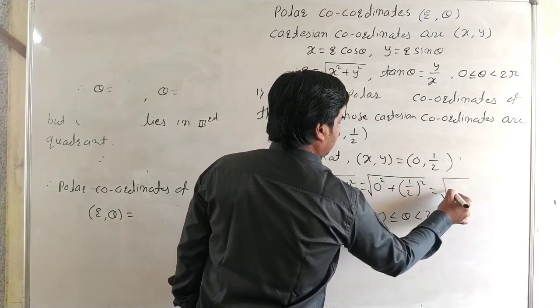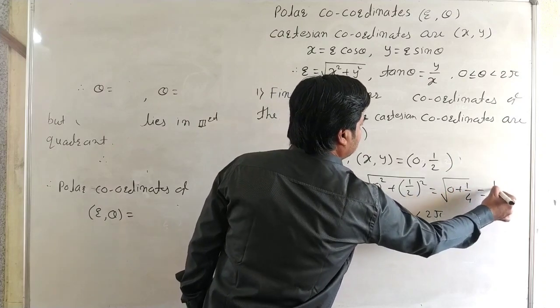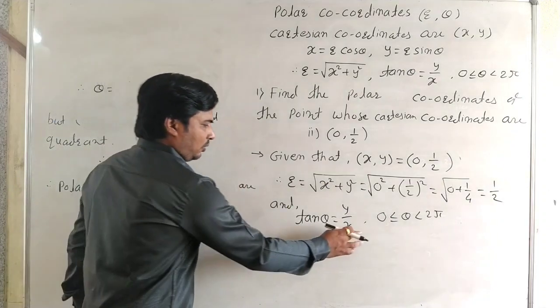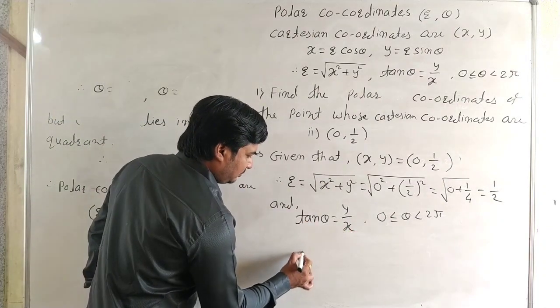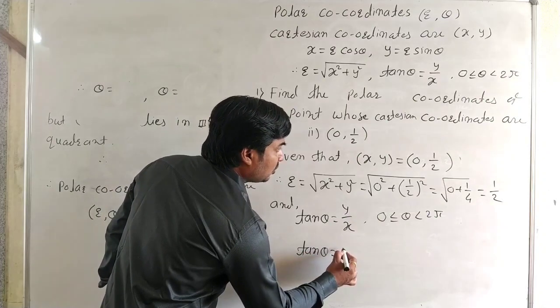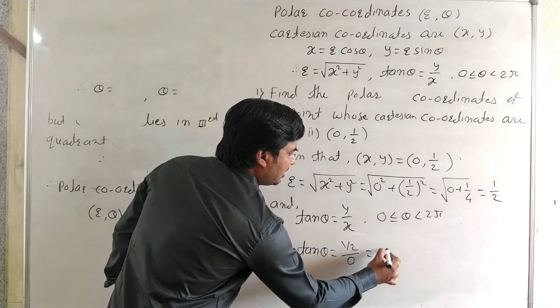Then it is 0 plus 1 by 4, that means 1 by 4, so under root gives 1 by 2. Here the value of r is 1 by 2. Now we want to find theta. Therefore tan theta is equal to y by x, that is 1 by 2 over 0, that means infinity.